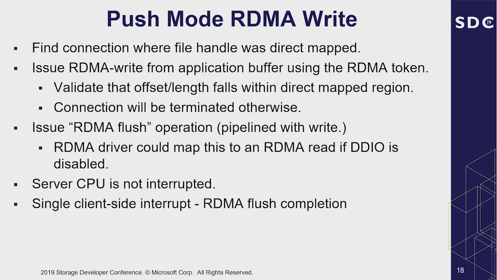The important thing to note here is that you don't need to wait for the write to complete before issuing the flush, because the RDMA channel guarantees ordering. So you could issue the write and the flush immediately, and the RDMA semantics will guarantee that the flush will happen after the write completes.